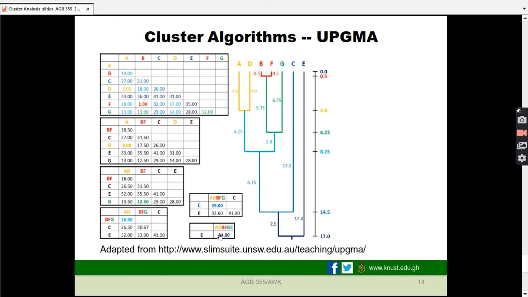Here the last value after combining them is 34. So let's find the scale. We divide the 34 by 2, so we get 17. You now draw your line, which will be calibrated from 0 to 17.